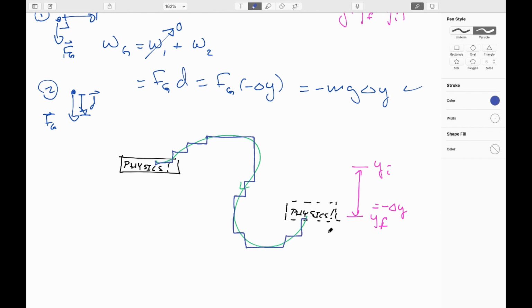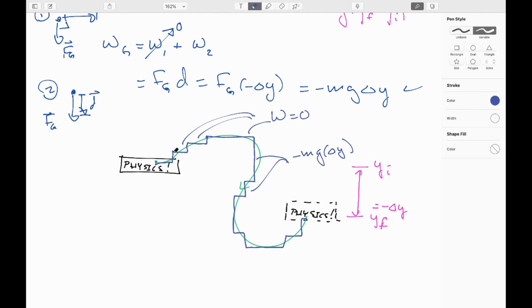Now the idea is the work done along all of the horizontal parts of the zigzag is equal to 0. The work done along the vertical ones will be equal to minus mg times whatever the delta y is there.